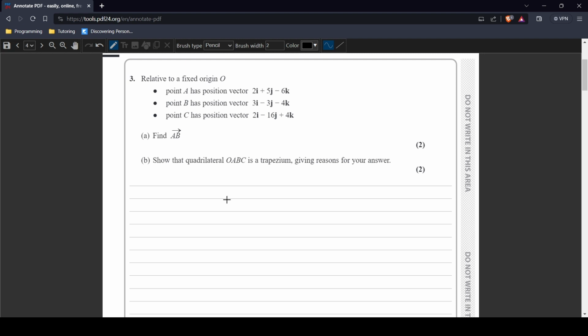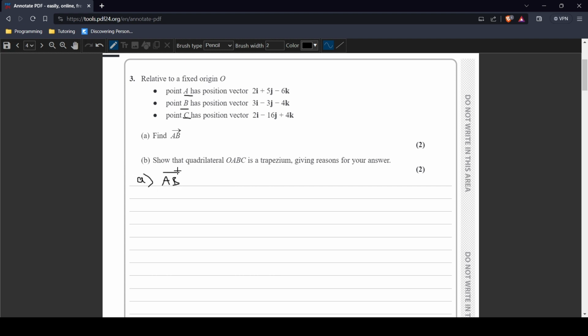The fourth question we're doing today, we have 3 points given to us, and these are the position vectors. So point A has position vector 2i plus 5j minus 6k, B has position vector 3i minus 3j minus 4k, and then C has position vector 2i minus 16j plus 4k. Okay, part A of the question, just find the vector AB.